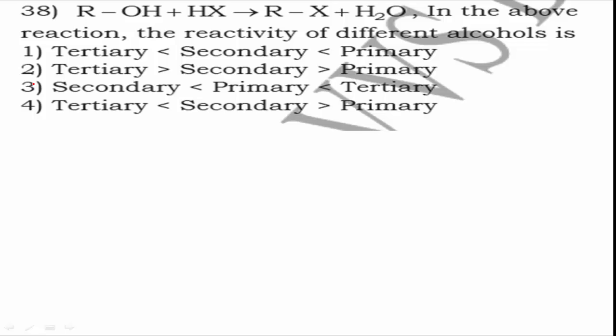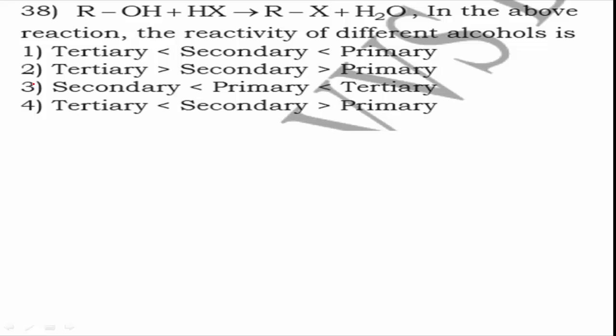Students, the reaction ROH plus HX gives RX plus H2O is one of the nucleophilic substitution reactions, where the reactivity depends on the carbocation formed during the reaction via the SN1 mechanism.